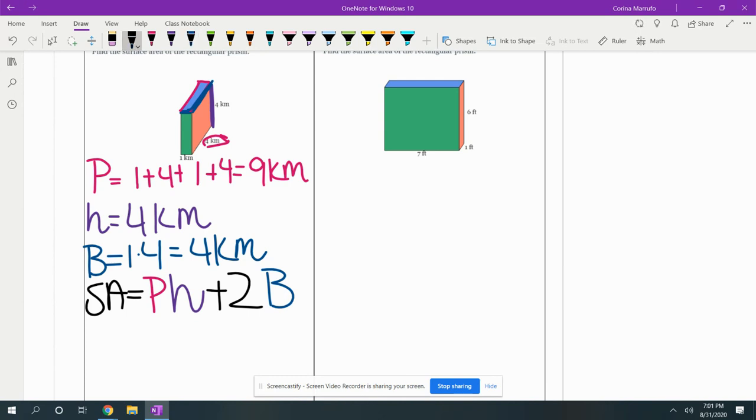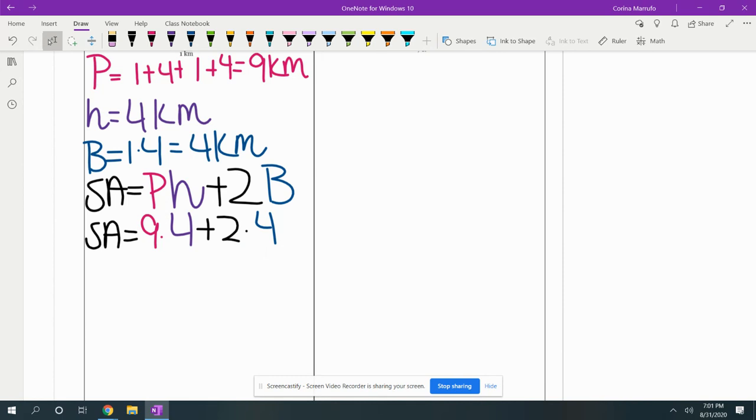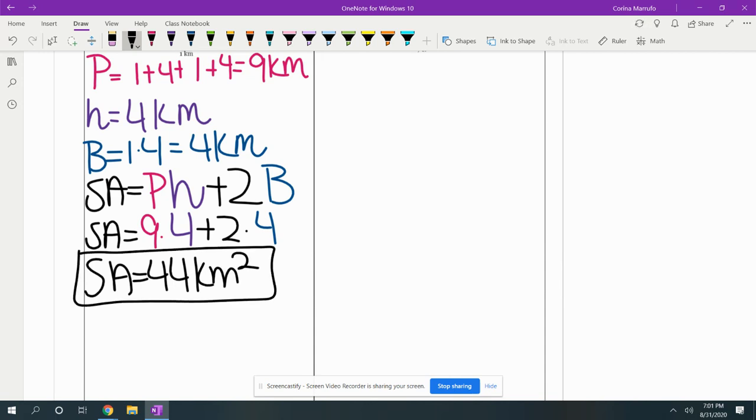So my surface area equals my perimeter, which is 9, times my height, which is 4, plus 2 times, because we have two bases, 4. All right, we put that in our calculator, and that gives us, I believe, 44. So surface area equals 44 kilometers squared, because it's surface area.